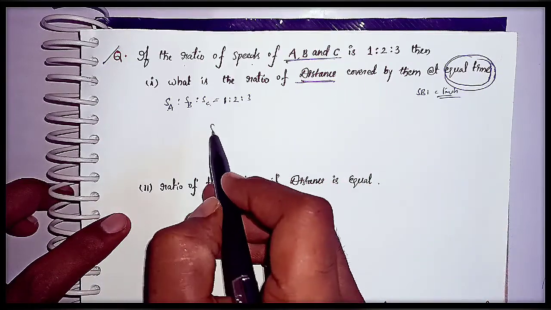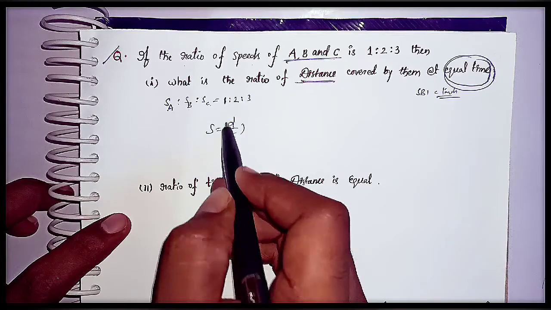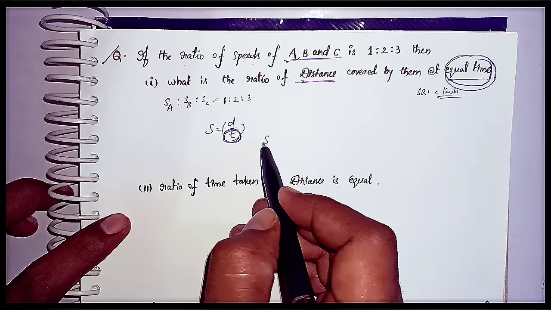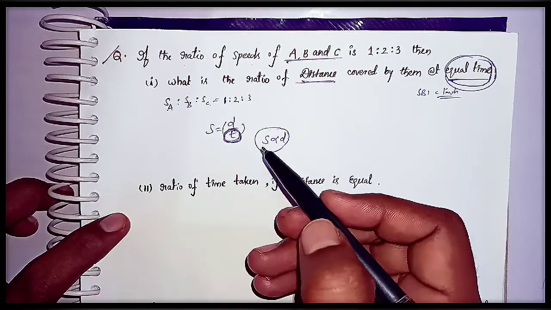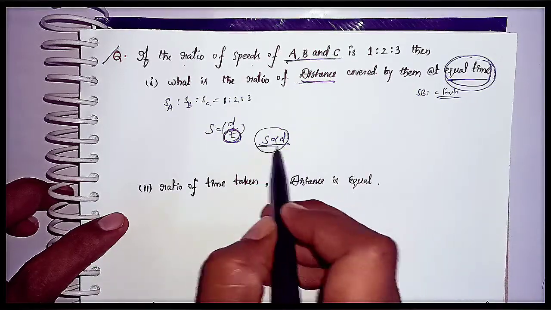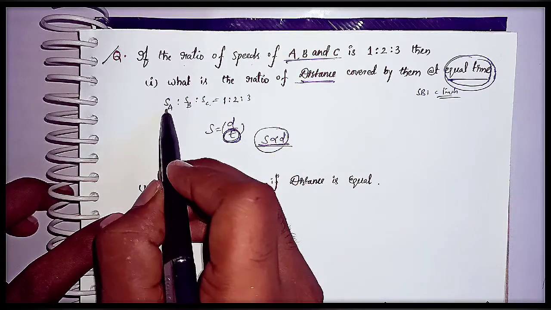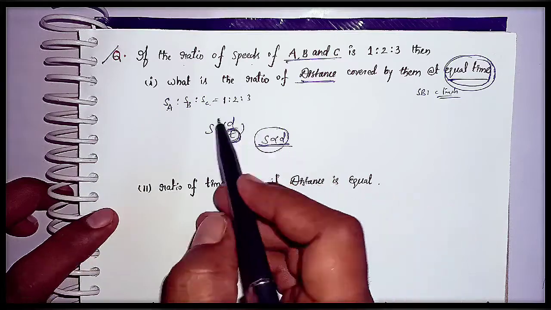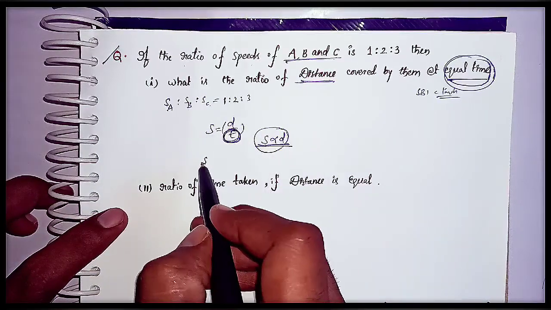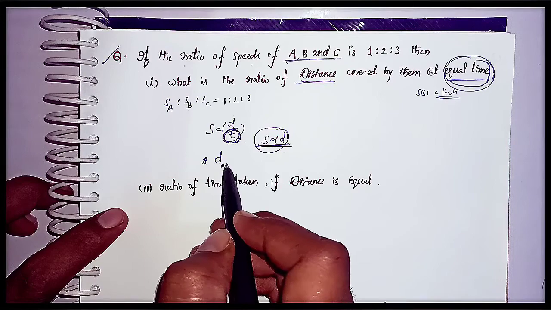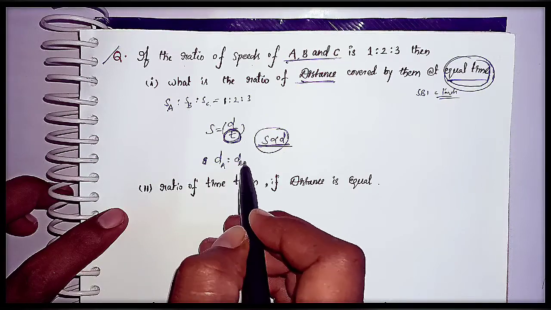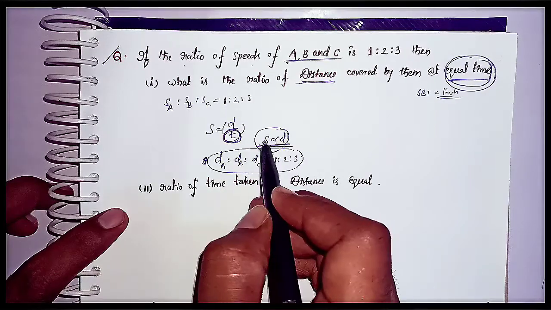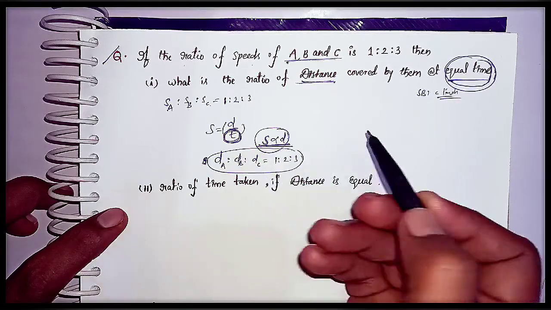Okay, at equal time, he is asking the distance ratio, how they covered the distance. As we know, speed is nothing but distance by time. At equal time, speed is directly proportional to distance. Yes or no? So here, as the speed ratio is 1 is to 2 is to 3, the distance covered by A is to distance covered by B is to distance covered by C is nothing but 1 is to 2 is to 3 only, because as the speed is high, distance is also high.